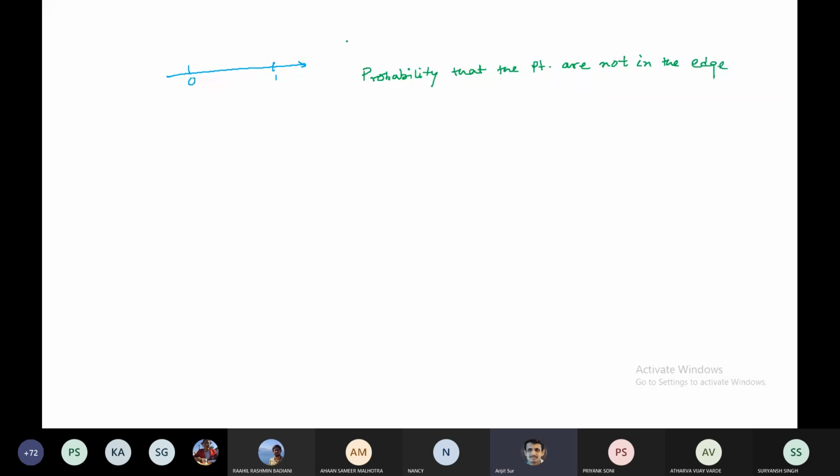How is the edge defined? Let the edge be defined in this way. These are the edge points, and in between these points is the interior.